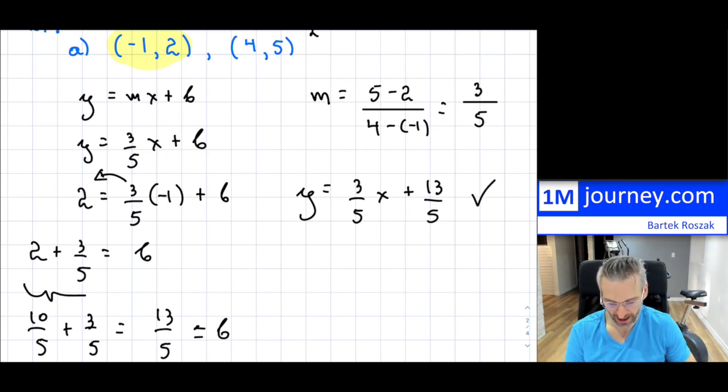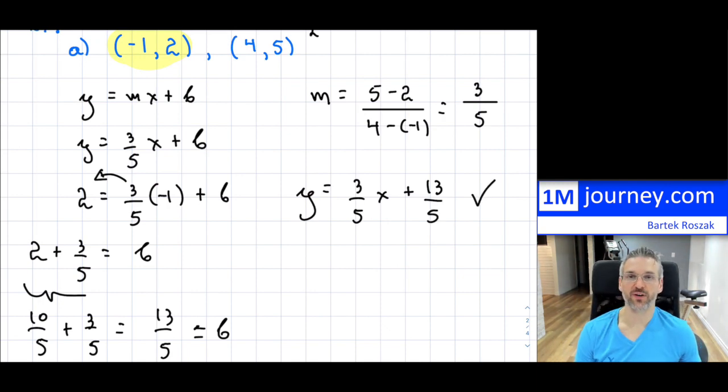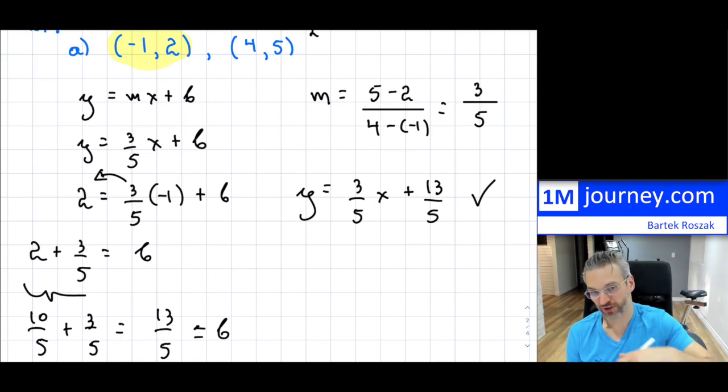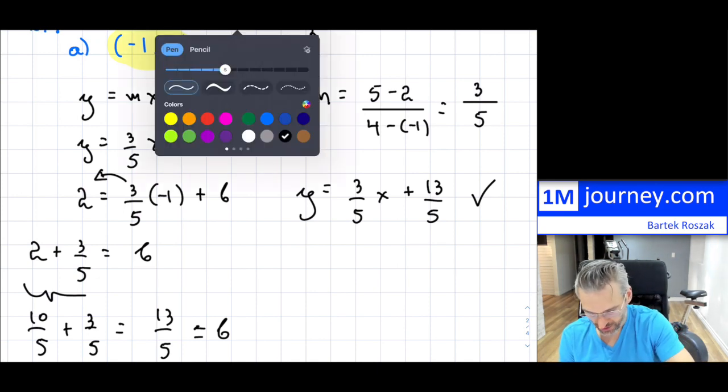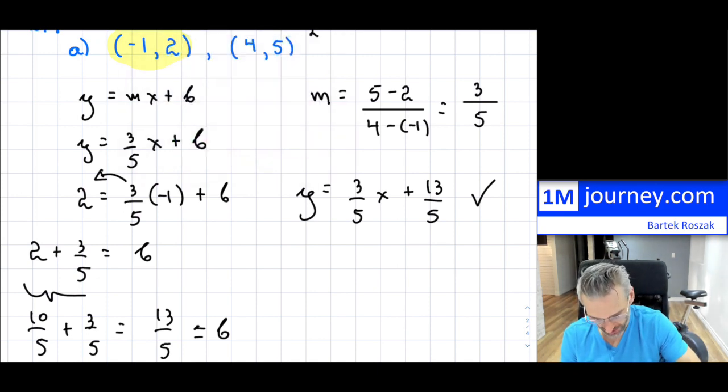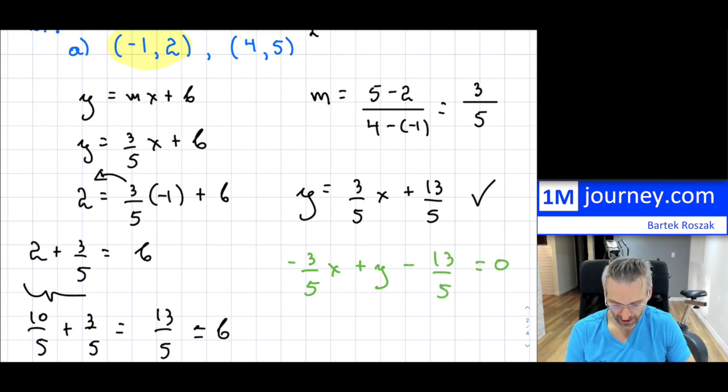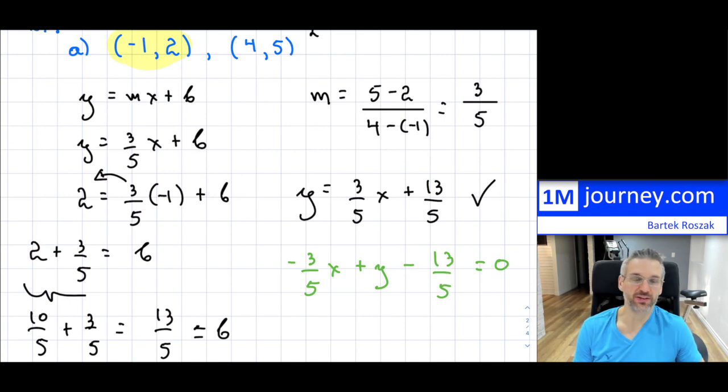So that's one way. Now, if you want to find this equation in standard form, we have to shift everything back over to the left-hand side. So in standard form, if I shift it over, I'm going to get negative 3 over 5x plus y minus 13 over 5 is equal to 0. Typically, we don't like the denominator in this form.